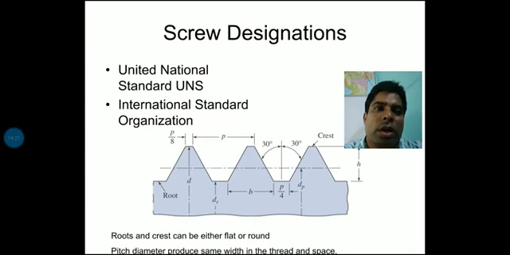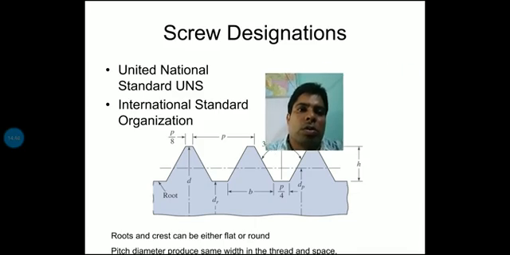That minor dia is expressed at the root of the screw, as dr. And obviously the pitch is the actual distance between two peak points of the thread, the distance from one thread to another thread, and that distance is called the pitch of the rivet.